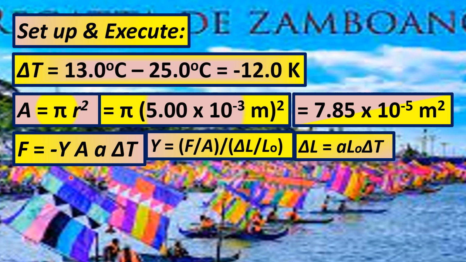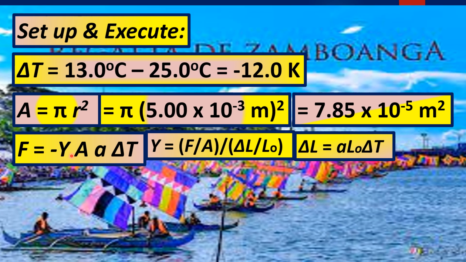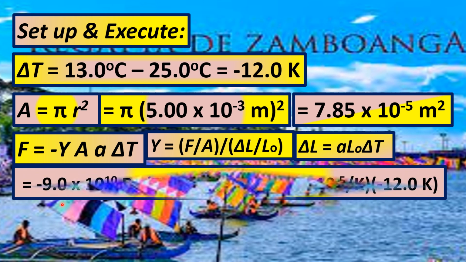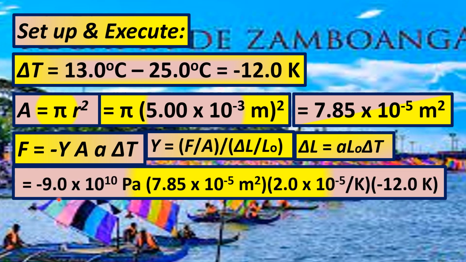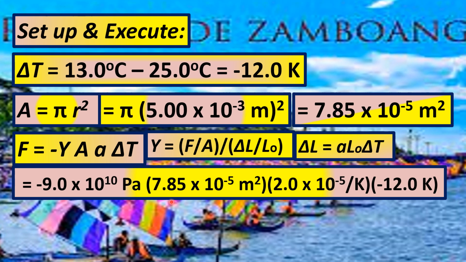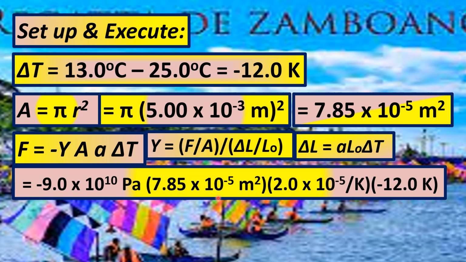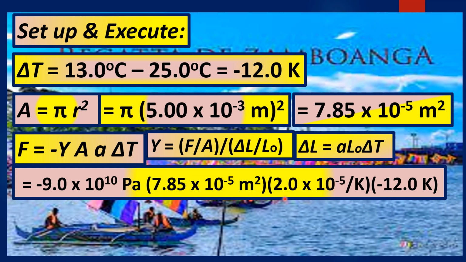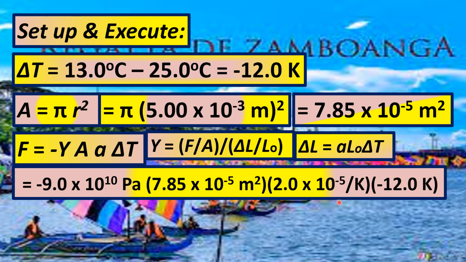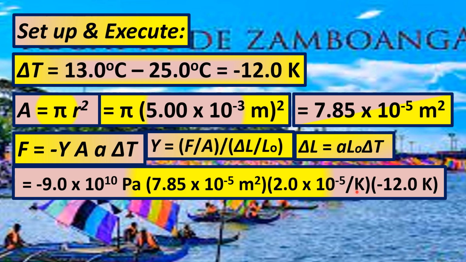So, substituting the given values for all these quantities, we now have negative 9.0 times 10 to the 10th power Pascal multiplied by the value of the computed cross-sectional area 7.85 times 10 to the negative 5 meters squared times the value of alpha 2.0 times 10 to the negative 5 per Celsius degree or per Kelvin.